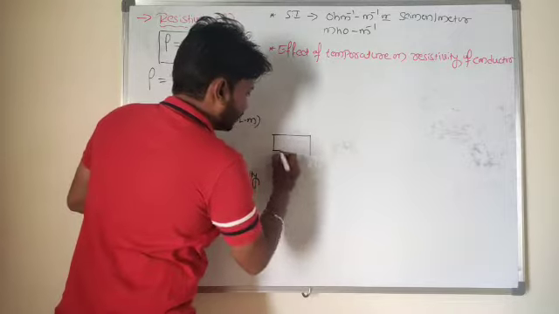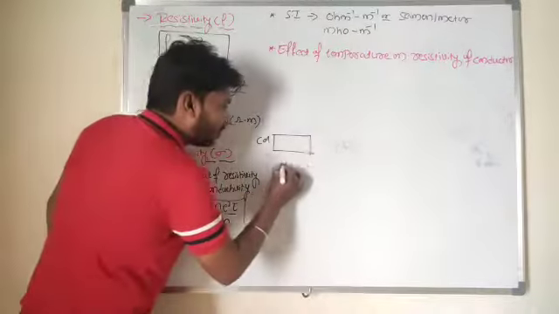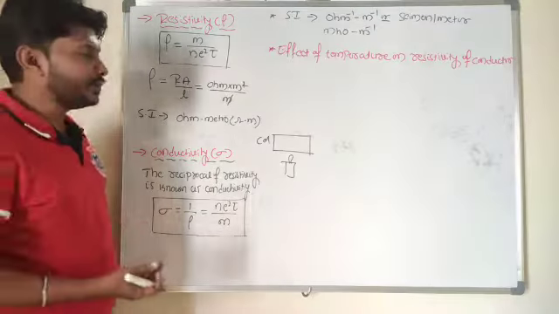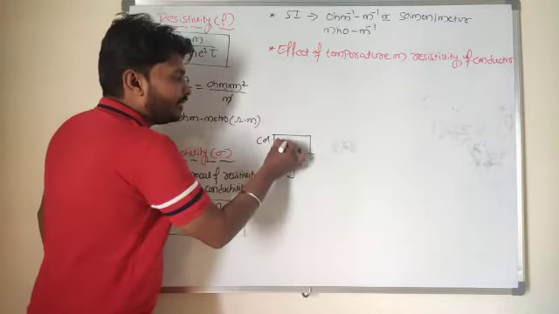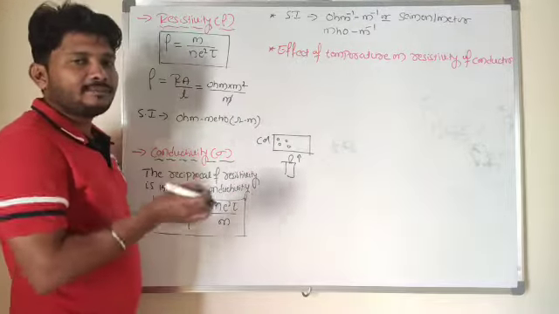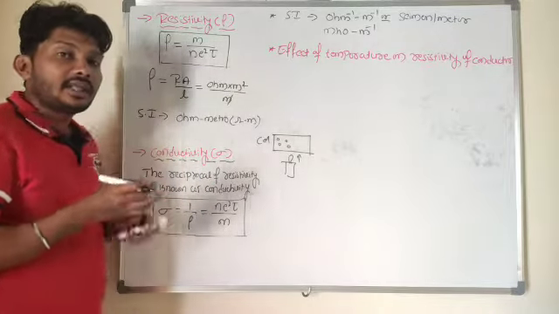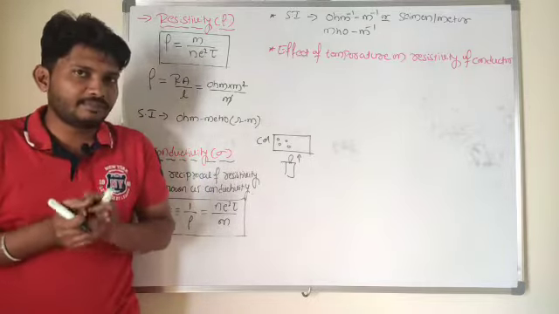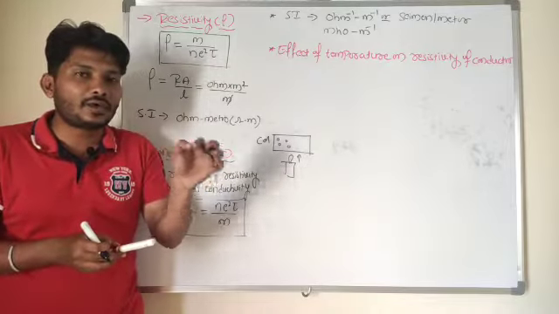So this is one conductor. If heat is supplied to this conductor, the free electrons present in the conductor gain thermal energy and move randomly in all directions. So as the temperature increases, the number of collisions will be more.